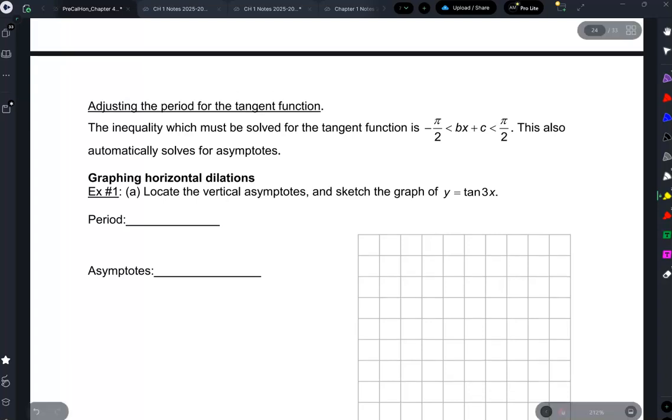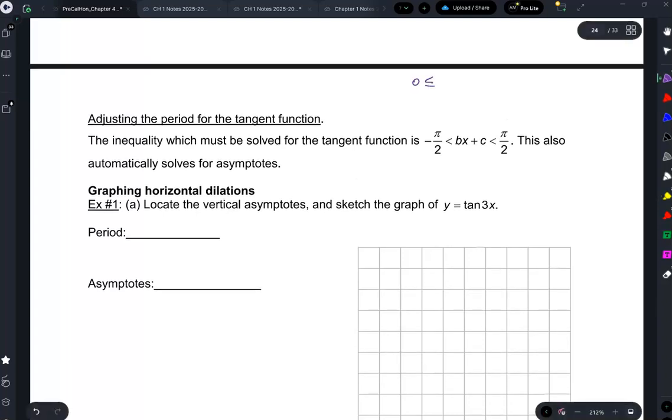Remember how for sine and cosine, we were going from 0 to 2 pi, and we were putting bx plus c? Now we do bx plus c, but because that initial cycle goes from negative to positive pi over 2, that's what we put instead. Same idea, different numbers. And that's going to be the law of the land for the tangents.